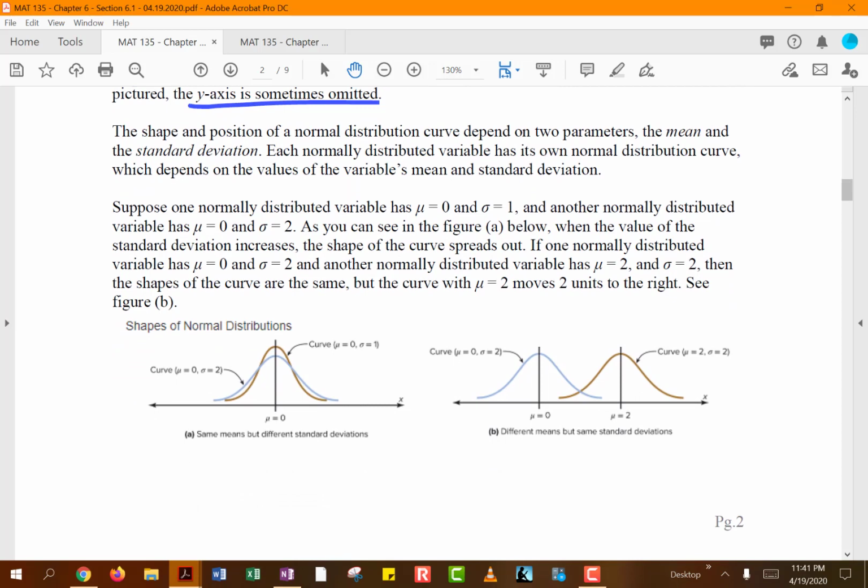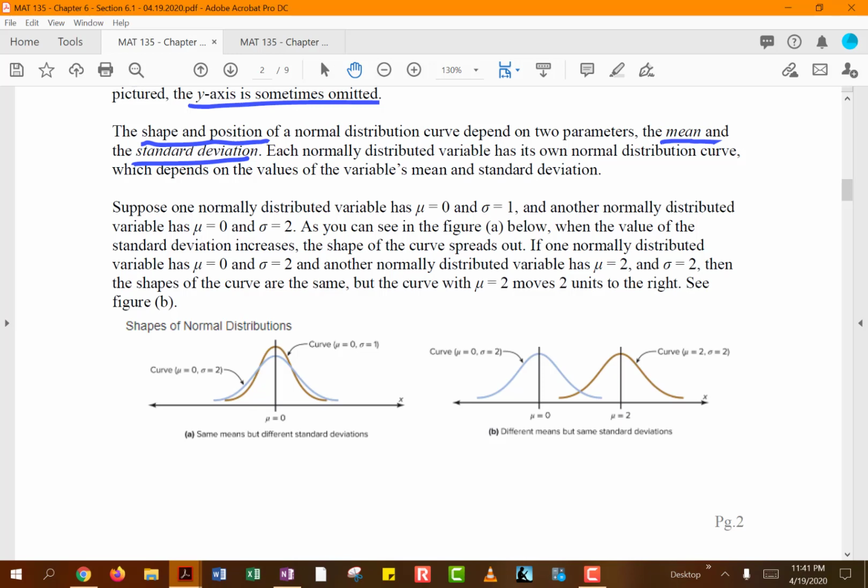The two things we need to draw our normal distribution curve are the mean and the standard deviation, which help with the shape and the position of the curve. Each normally distributed variable has its own normal distribution curve, which depends on the values of the variable's mean and standard deviation.